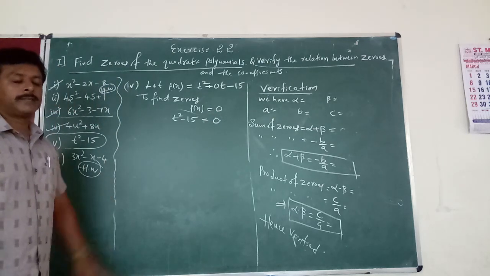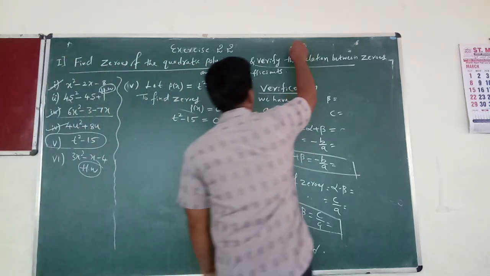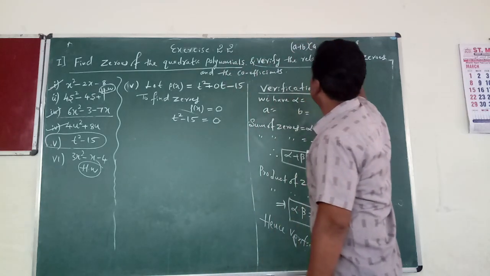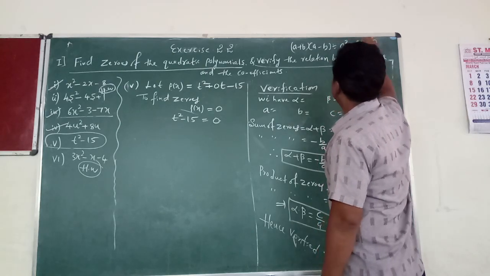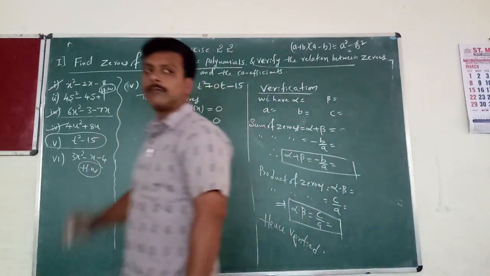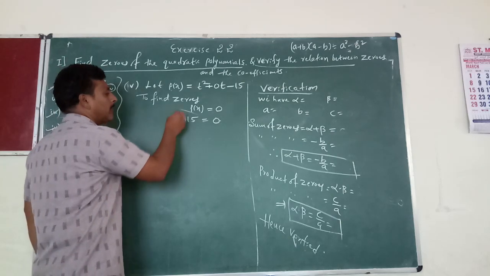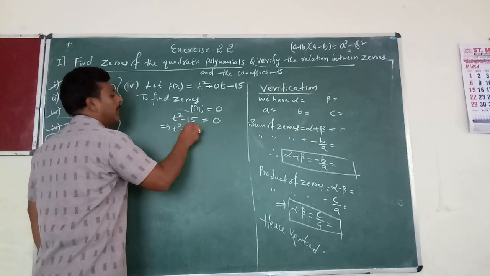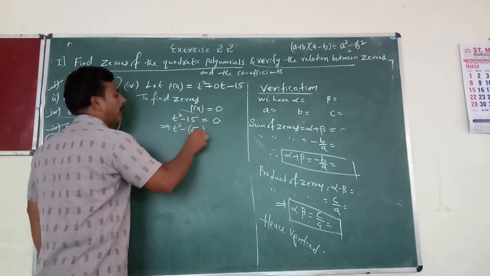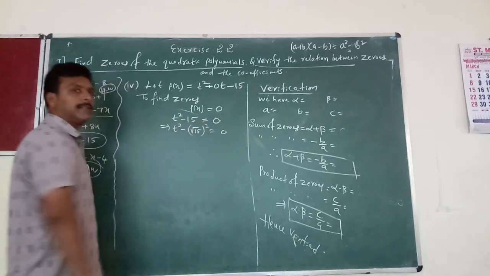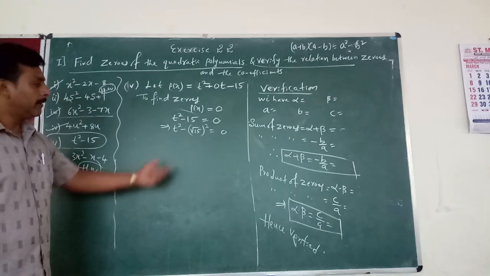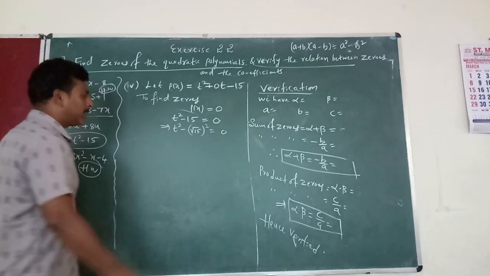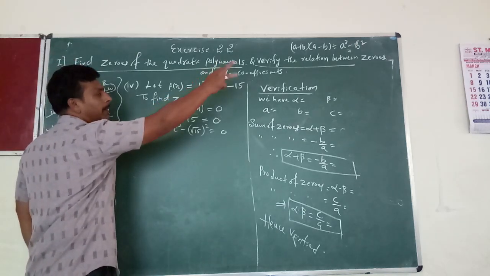Already you studied in 9th standard, one formula was there. Formula: a plus b into a minus b is equal to what? a square minus b square. I will convert it in that way only. So I will make it a square minus b square. How, look: t square minus root 15 whole square. All of you know square and root cancel, so you will get 15 only. Now it is a square minus b square, so factors according to that are a plus b, a minus b.